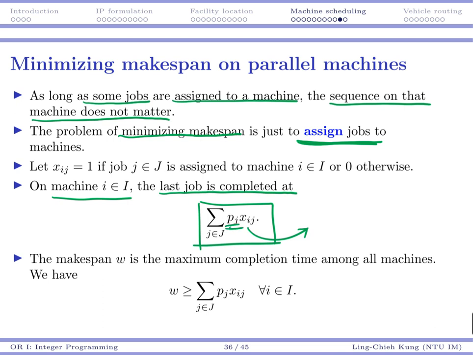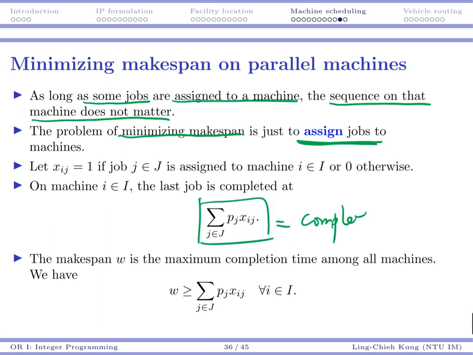For each job, if it is assigned to me, then I collect its processing time. The sum of all these processing times is the completion time for myself. This is an expression for machine i: the completion time for machine i.